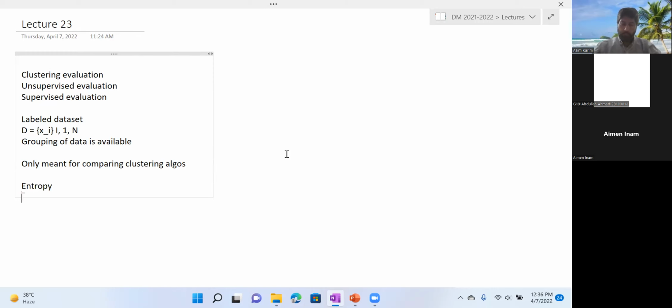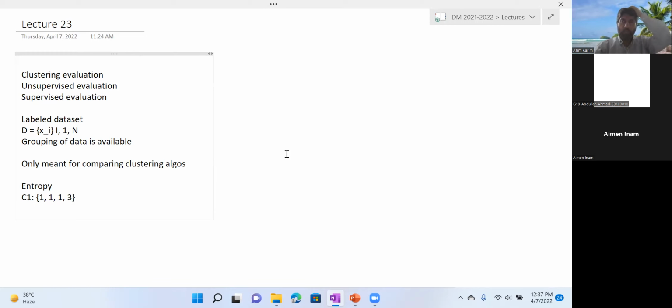I will take some simple examples to illustrate some of these ideas. Let's say you have a cluster, and of course, this is after you have done the clustering. Let's say you have a cluster C1, and this cluster C1 has, let's say, 4 objects: 1, 1, 1, and 3.